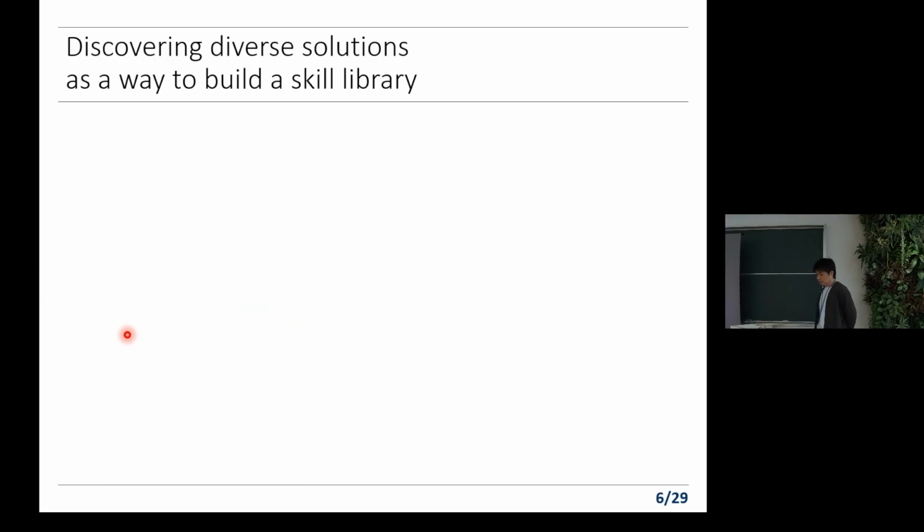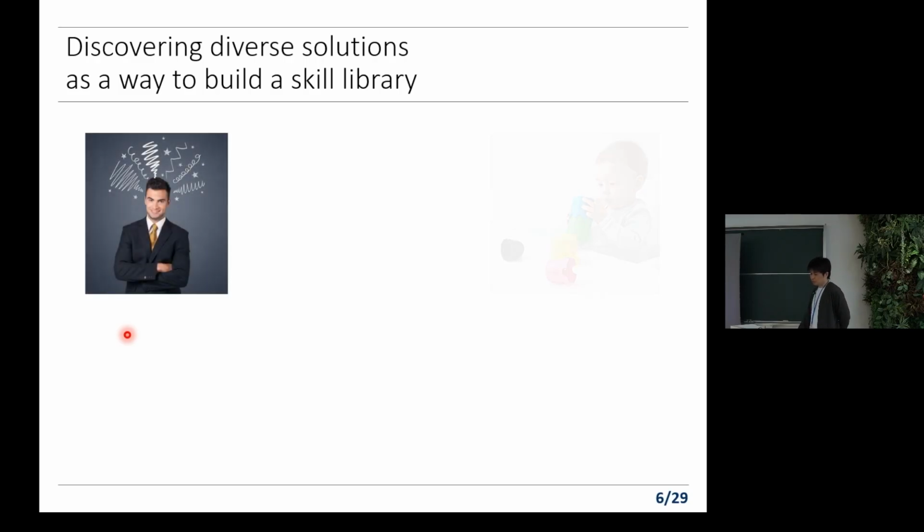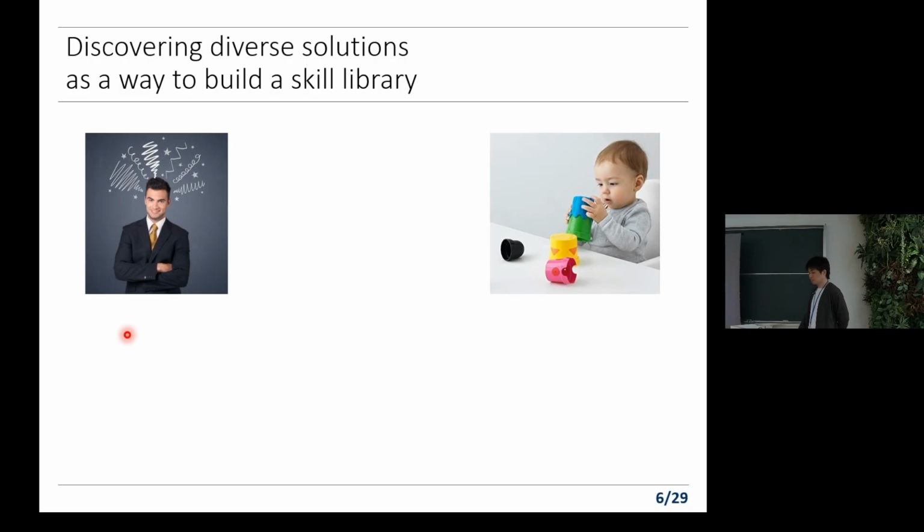Okay. Before we start, I'd like to think about the difference between human adults and kids. Human adults can learn a new skill quickly just by watching others. However, kids cannot learn a new skill so quickly compared to human adults.